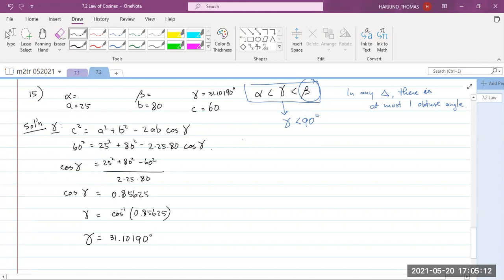Now then, how to find angle alpha? Sine alpha over 25 equals sine gamma, 31.10190 degrees, over 60. So sine alpha is 25 sine 31.10190 degrees over 60.